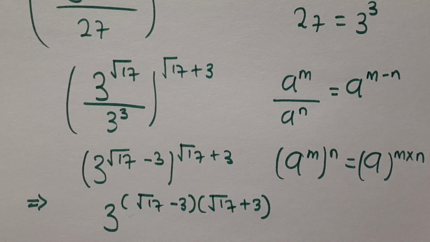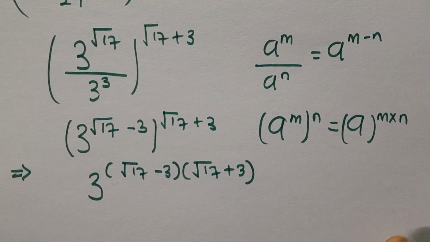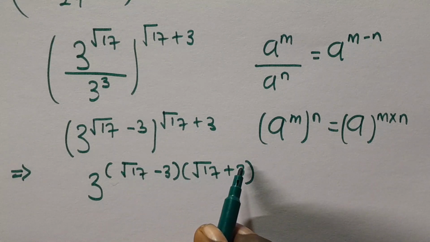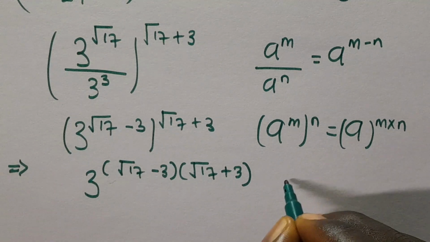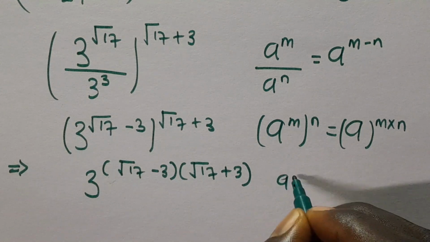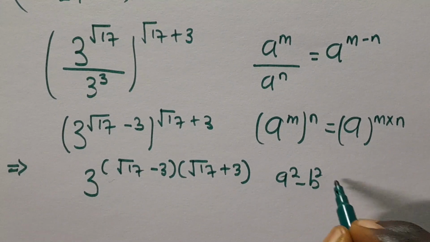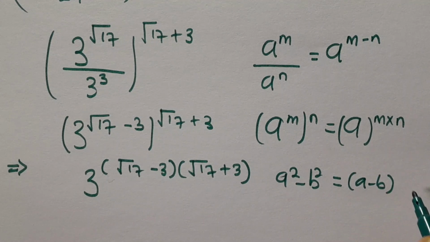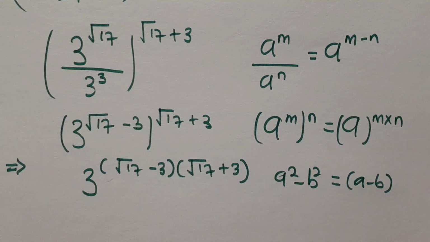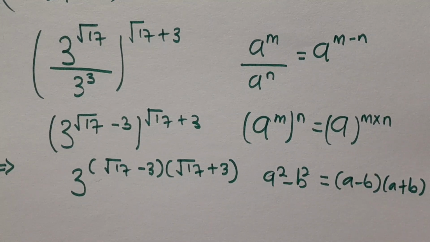So from here, we need to open the bracket of this. Now let us use this expression that says when we have a square minus b square, it equals a minus b and a plus b.